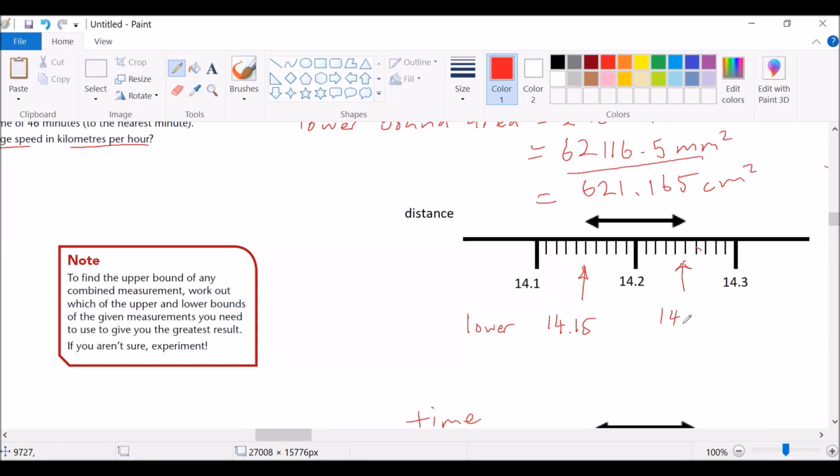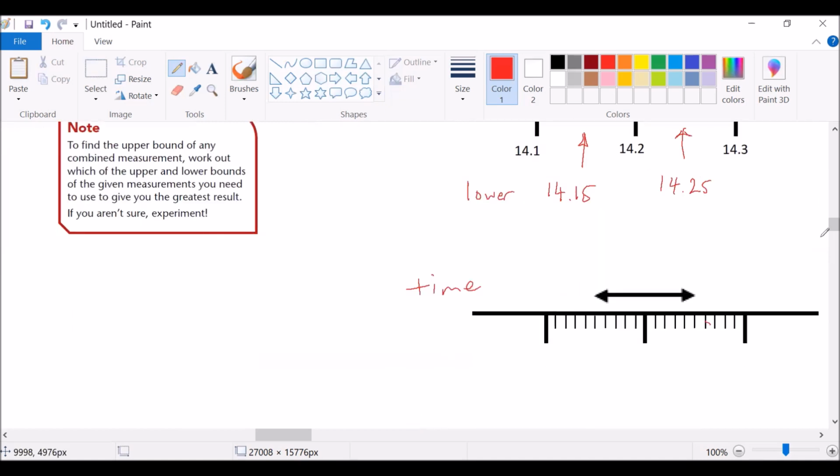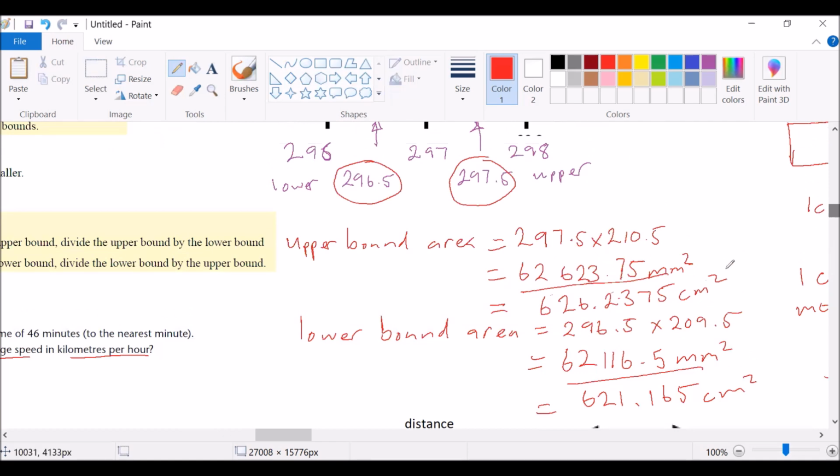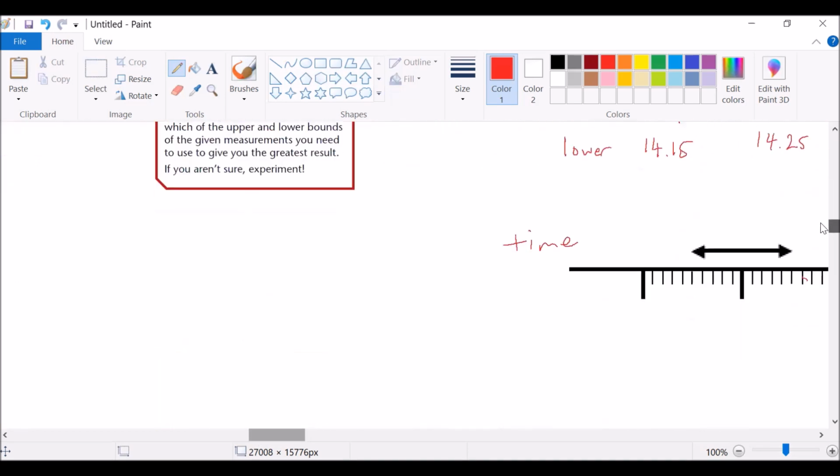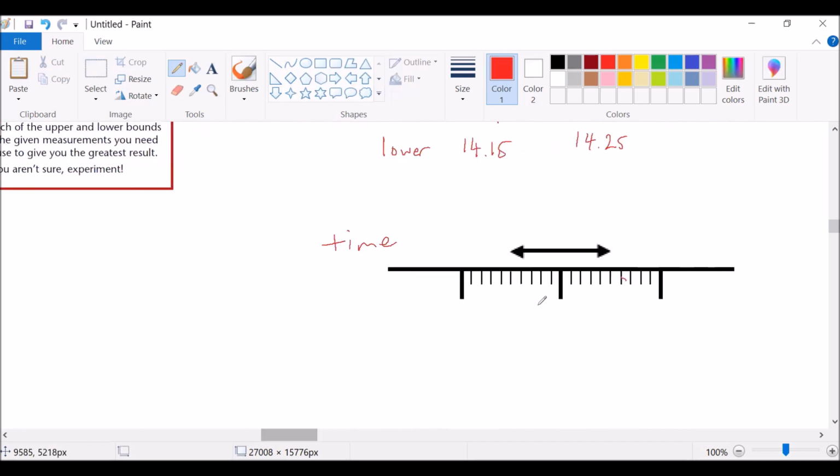So we have 14.25. Now let's get to time. Time we are given is 46 minutes to the nearest minute. So we'll put our time on the number line, 46. The minute before 46 is 45. The minute after 46 is 47.